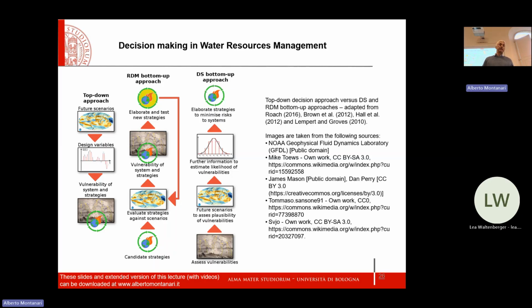I'm not providing any example related to decision scaling, and I could provide it, and you can find it easily in the literature. There is to say that the literature is not always easy.